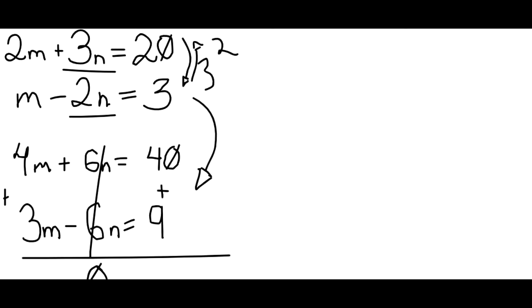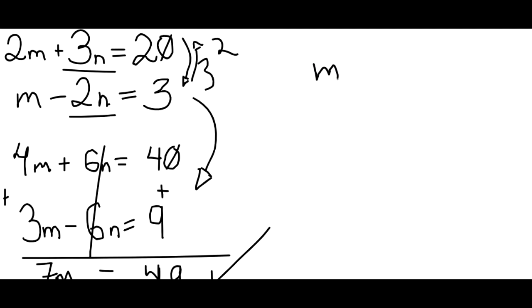And we make the addition in this side. So 4 plus 3 equals 7m, and 40 plus 9 is 49. So we discard this, and now we have this equation with just one variable: 7m equals 49.